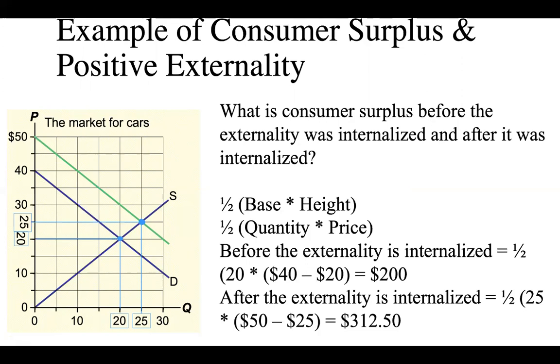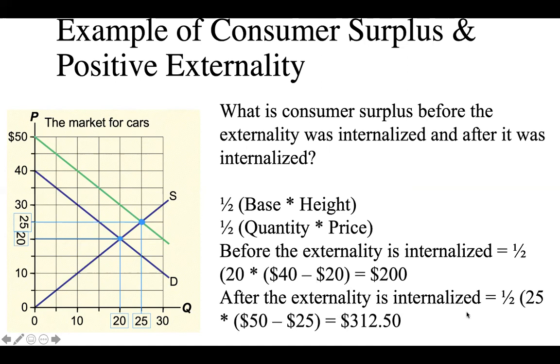surplus calculations, it is 1/2 base times height, which is 1/2 quantity, so the quantity in the market, times the price. So before the externality is internalized, we have 20, the quantity before the externality, times 40, the maximum, minus 20, the equilibrium, which in this case is $200.